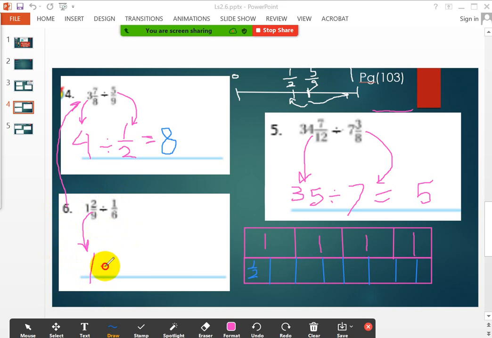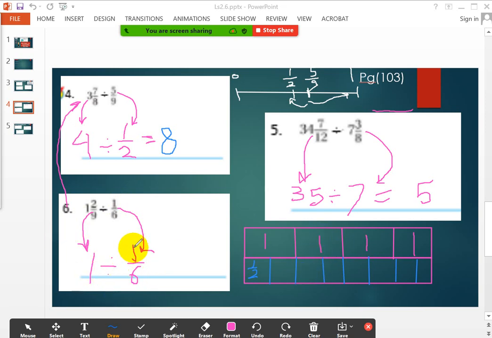Now, if I want to divide it by 1 over 6, it's close to 0 or to what? Okay, in this exercise, I will leave the same number as it is, and I will use this strategy.